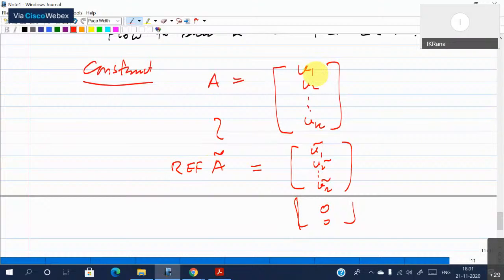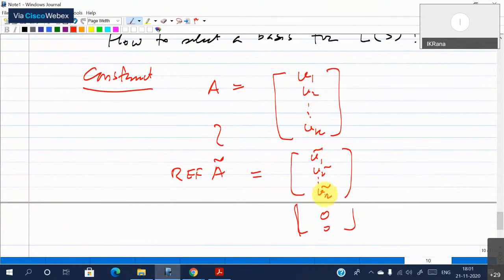So take the matrix with the given vectors as the row vectors, okay. Reduce it to row equivalent form, you'll get non-zero rows.